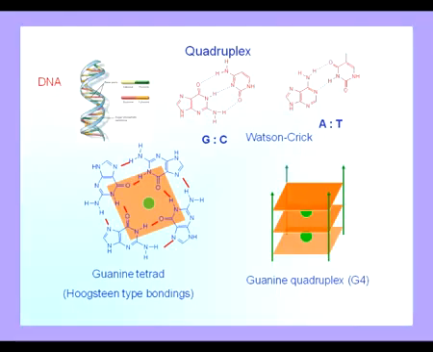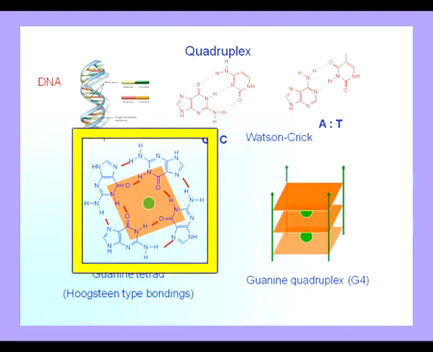Today, I am going to talk about a special structure, a four-stranded DNA structure known as a quadruplex. So, what is the quadruplex? There are four bases, as I told you: guanine and cytosine base pair with each other, and adenine and thymine also pair. But guanine can come close to each other in the presence of a monovalent cation like potassium or sodium, as I showed you in the square box region.